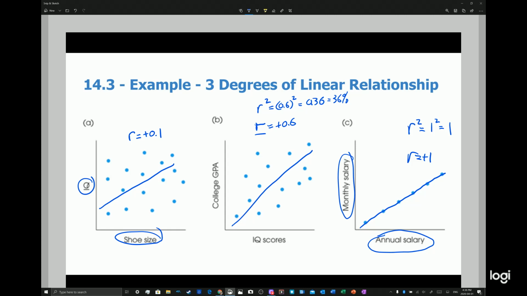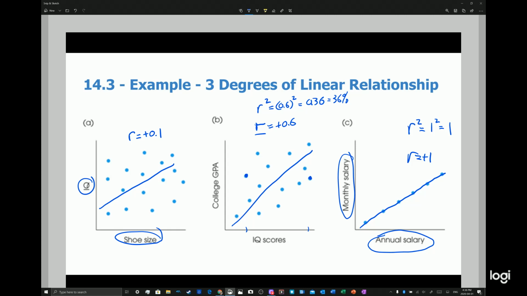There could be other factors outside of the correlation between college GPA and IQ scores. So maybe there are some people here that have high IQs but didn't do so well. Over here, high IQ but didn't do so well. And somebody with lower IQ but did much better, if not the same.